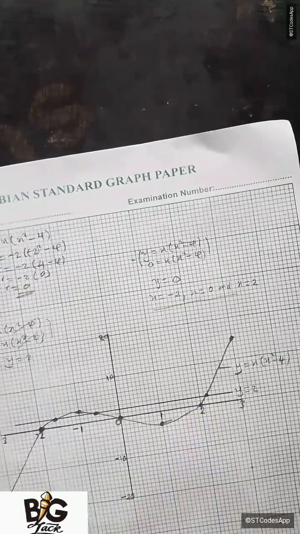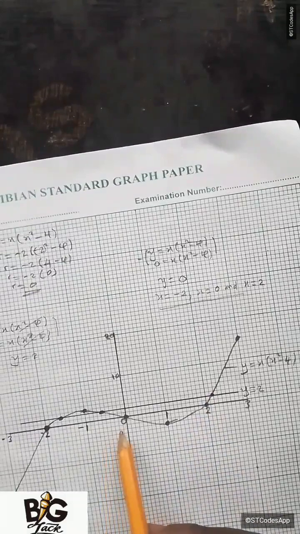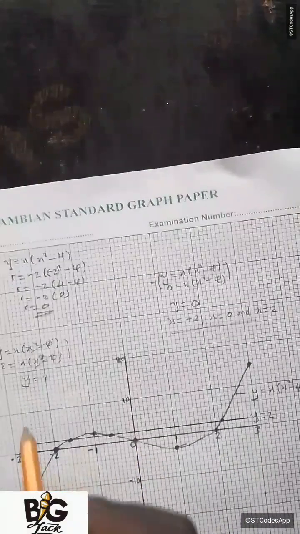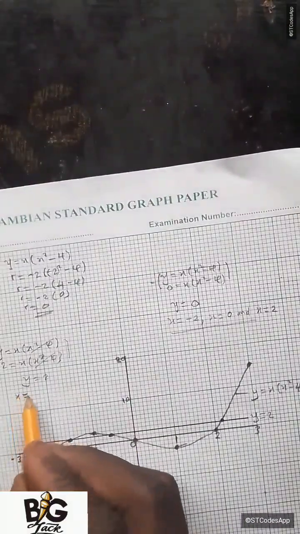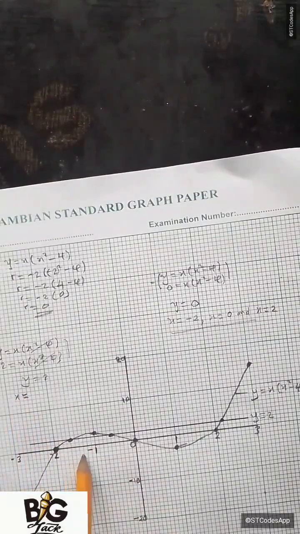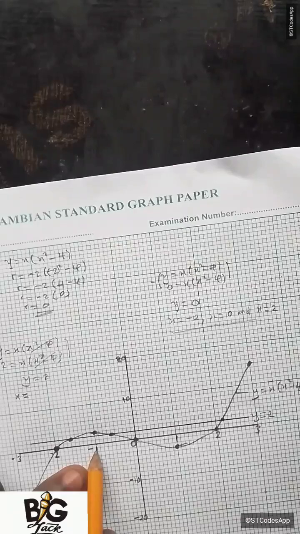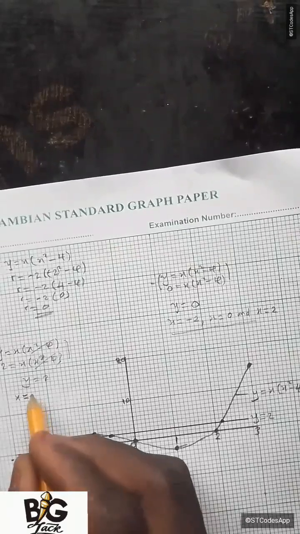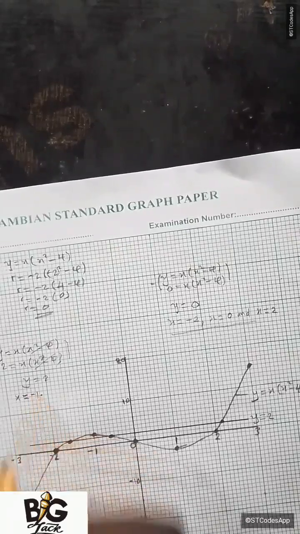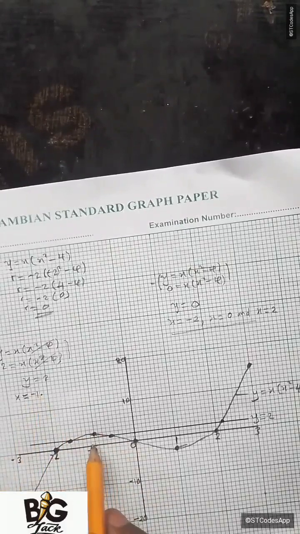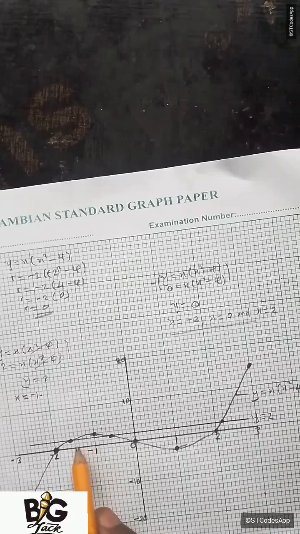So I'm going to say the first one is going to be x is equal to. At this point here, it is negative 1. So I'm going to count. I'm going to say negative 1 point, from negative 1, I'm going to say 1, 2, 3, 4, 5, 6.